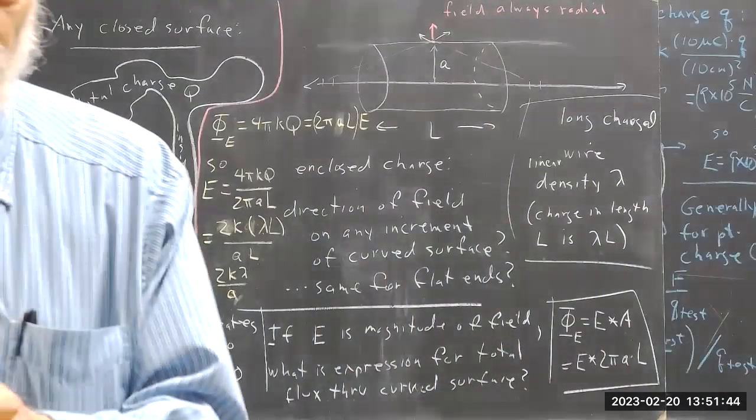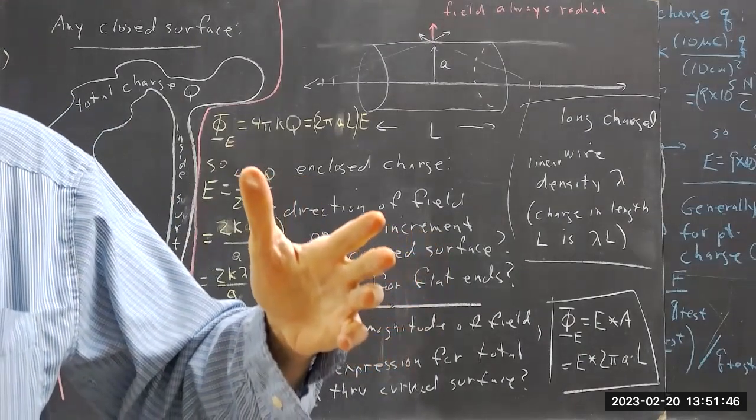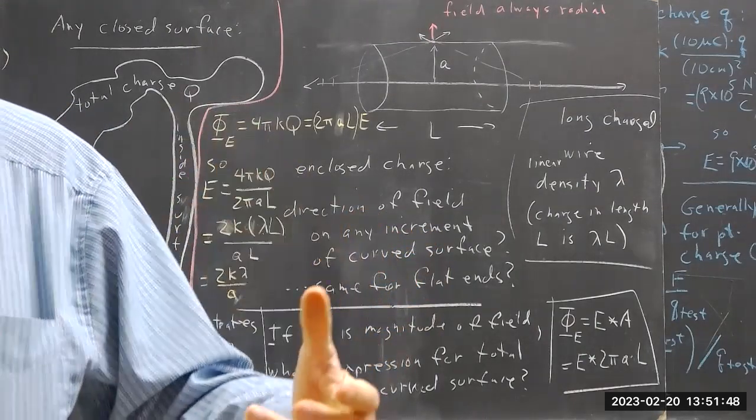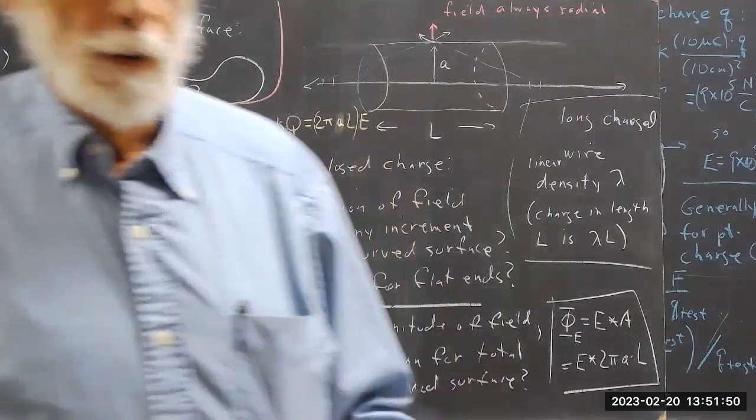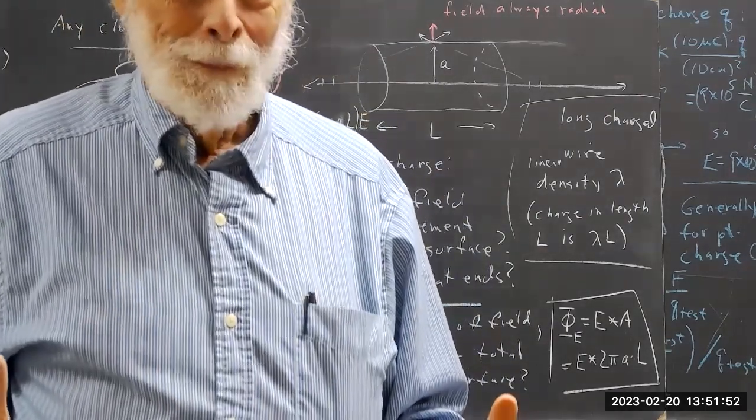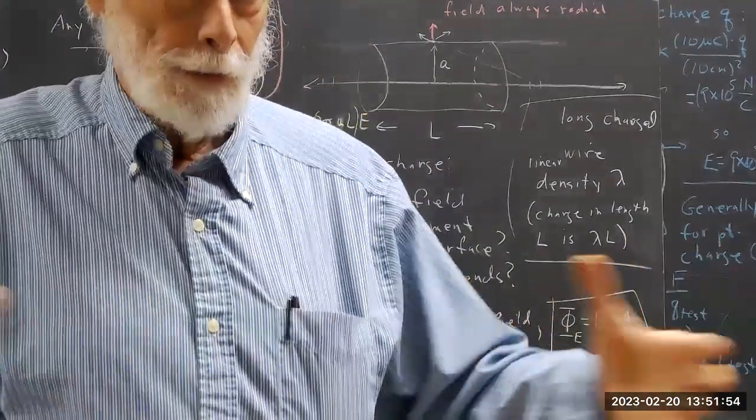The flux through the ends doesn't depend on how far you are. When you divide the flux through the ends by the area of the ends, you get the same thing no matter how long these things are.